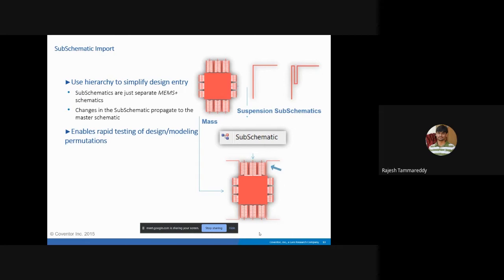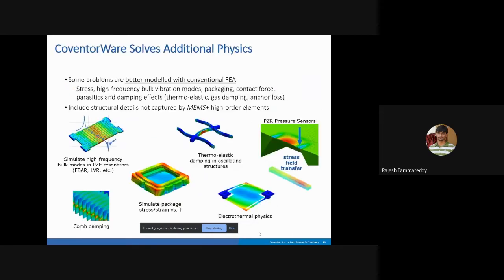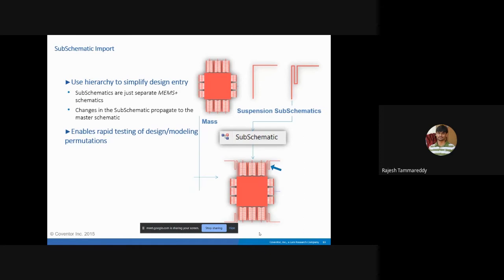Next. Yeah, you can see the suspension is changed. Okay, so that is the use of subschematic here. You can take one schematic reference into another schematic, connect them together and do the analysis.